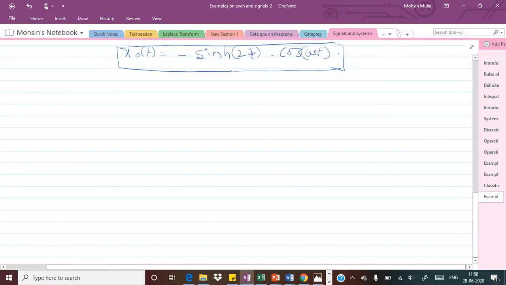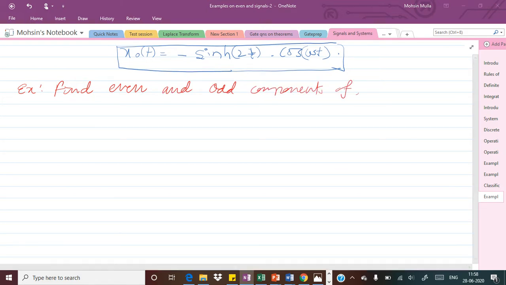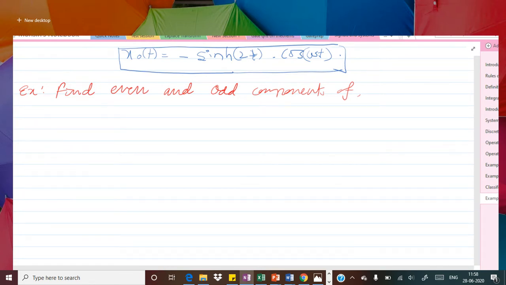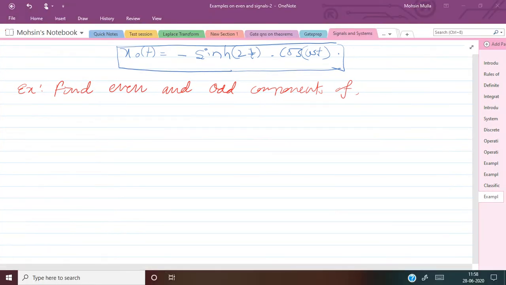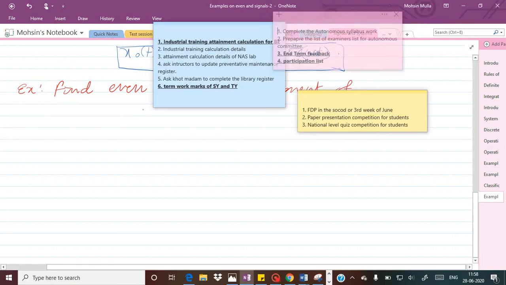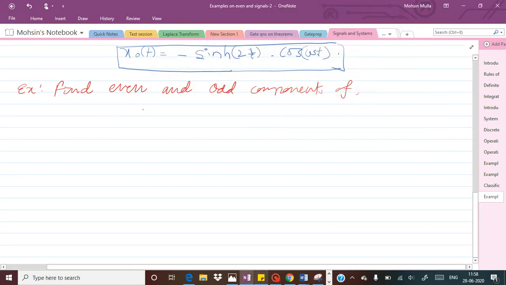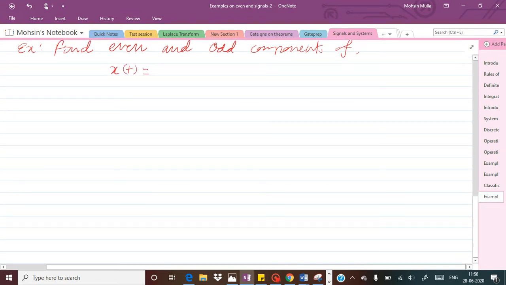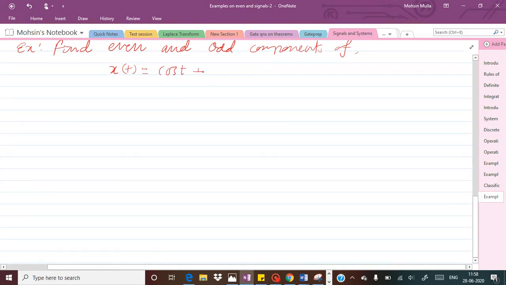Example number 3. Find the even and odd components of x of t equal to cos t plus sin t plus cos t into sin t.